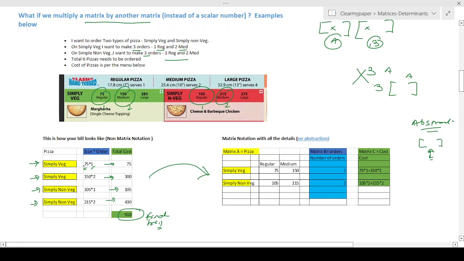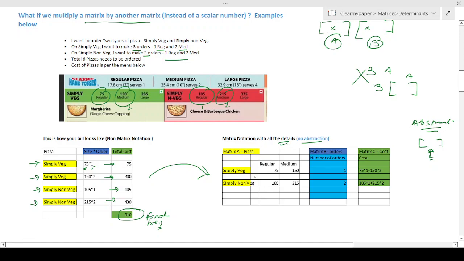We are still going to keep all the details of what it means. In the next step, we'll abstract it so that you can understand how the intelligence is retained when we slowly abstract, but still we can simplify it and just play with the numbers. So let's work on that. This is the matrix notation with no abstraction. That means I'm going to keep all the details of what it is.